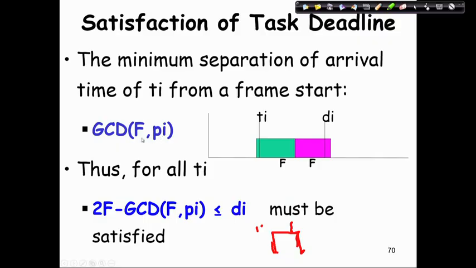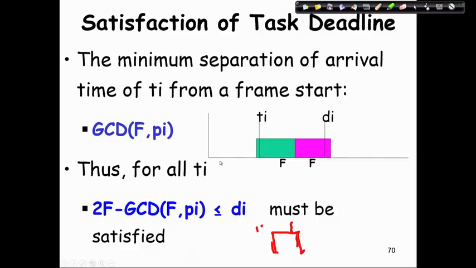So, the greatest common divisor between the frame size and the task period gives the worst case situation of how much after the frame starts a task can arrive. So, if the GCD is 1, then at most after 1 time unit the task can arrive.